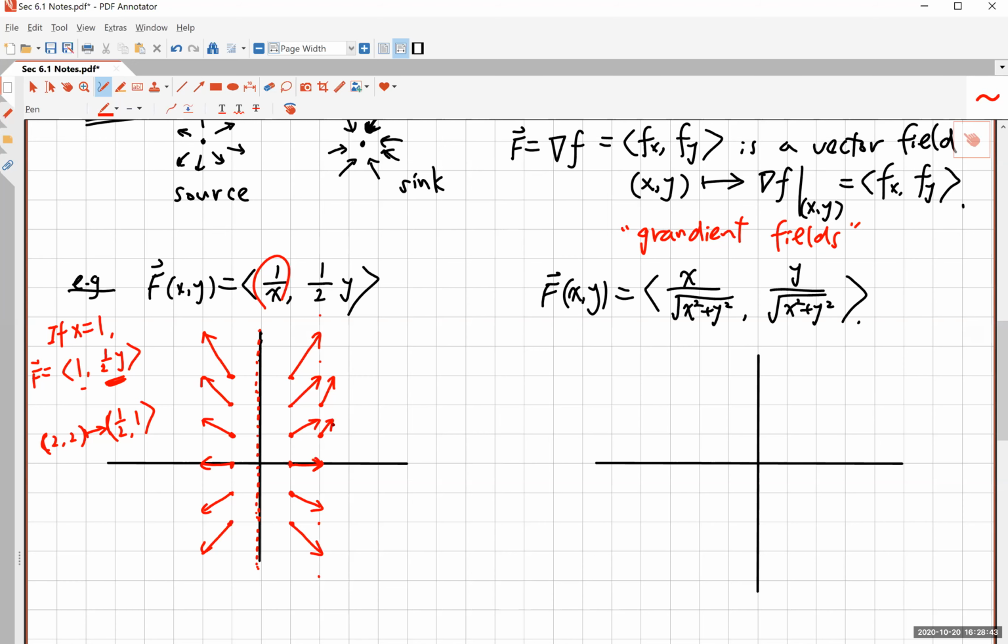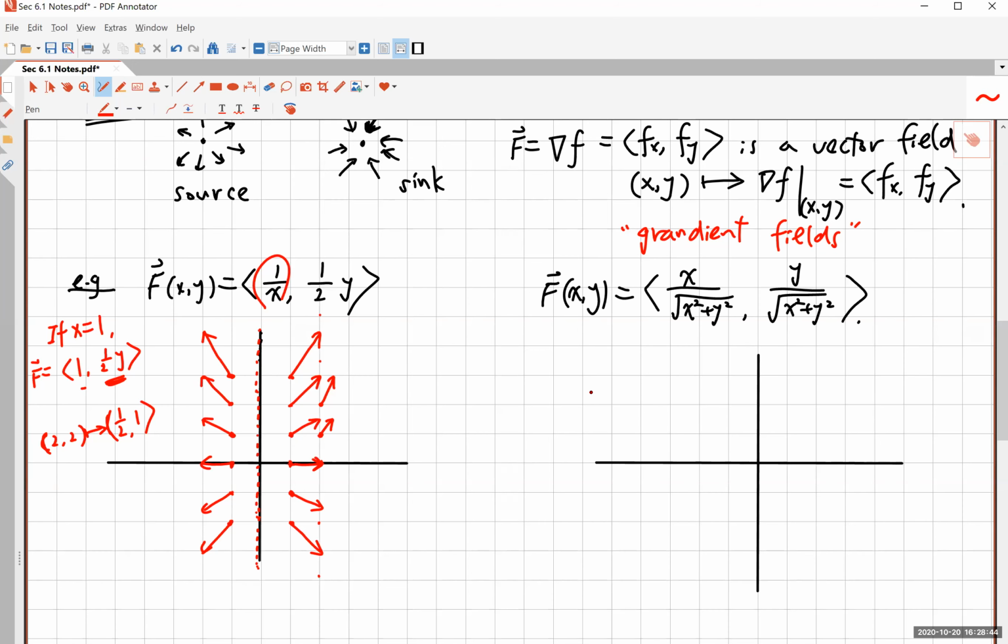Here I've drawn more than 10, but it's not necessary to draw that many. If you do maybe 9 or even 6, that is sufficient. All right, so I should say undefined on the y-axis.